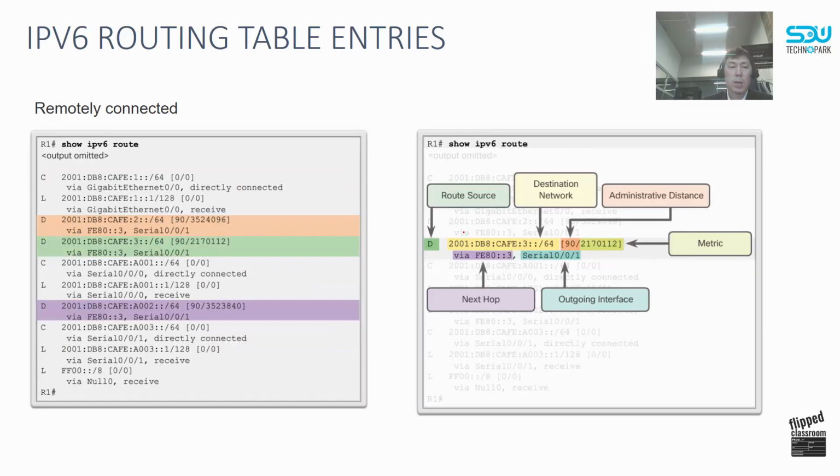And for remotely connected networks, we also have these values: this is our administrative distance, this is our metric of the EIGRP protocol, this is the next hop IP address, and this is our exit interface. And by the way, the main information is the destination network address.